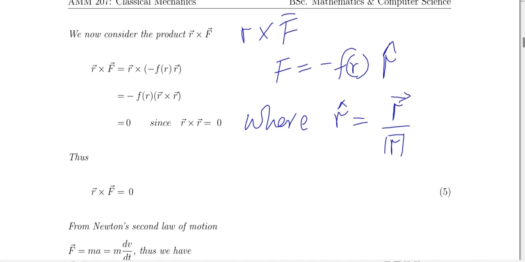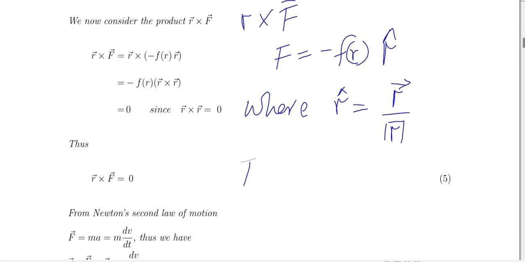Now we have that F therefore can be expressed as minus F(r) divided by the magnitude of the vector r times the vector r.